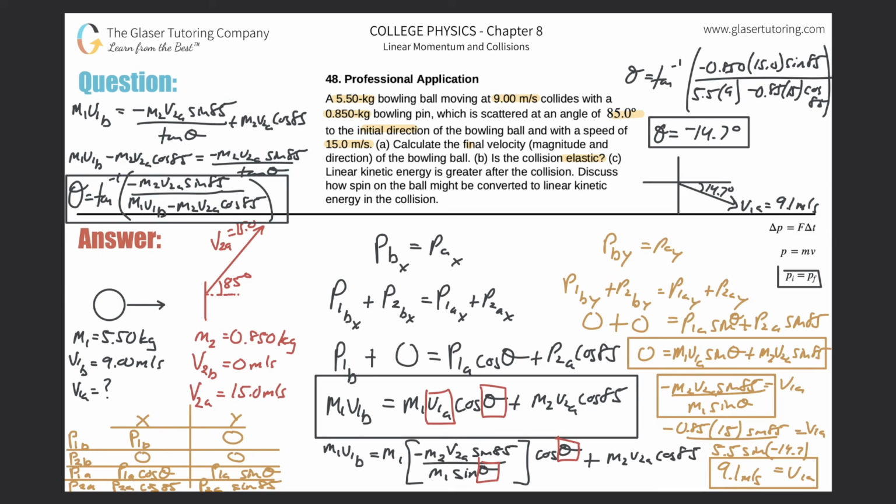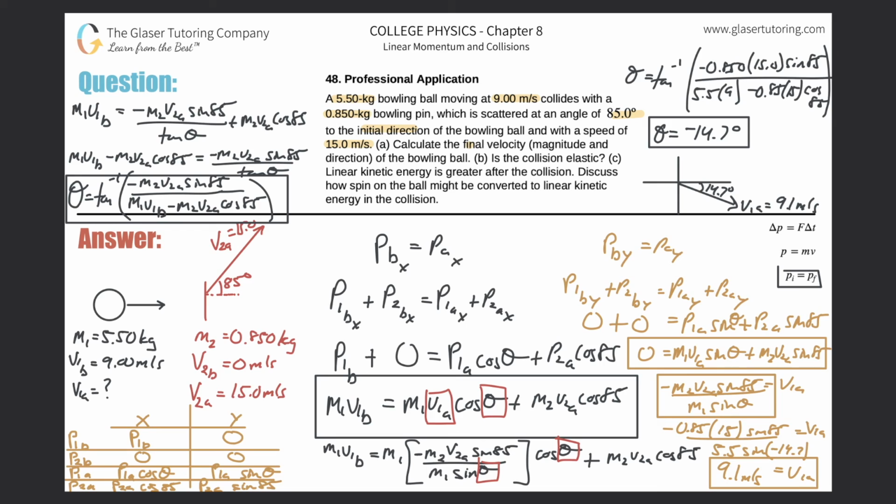Now you can already look at the numbers and realize that this is not going to involve conservation of kinetic energy, because look, the velocity over here of the bowling ball is 9, and then after the collision, somehow it's now 9.1. So already that tells me that there's going to be more kinetic energy after the collision than there was before the collision, not even factoring in the pin. So I'm not even going to do any math there. There's no need to do it.